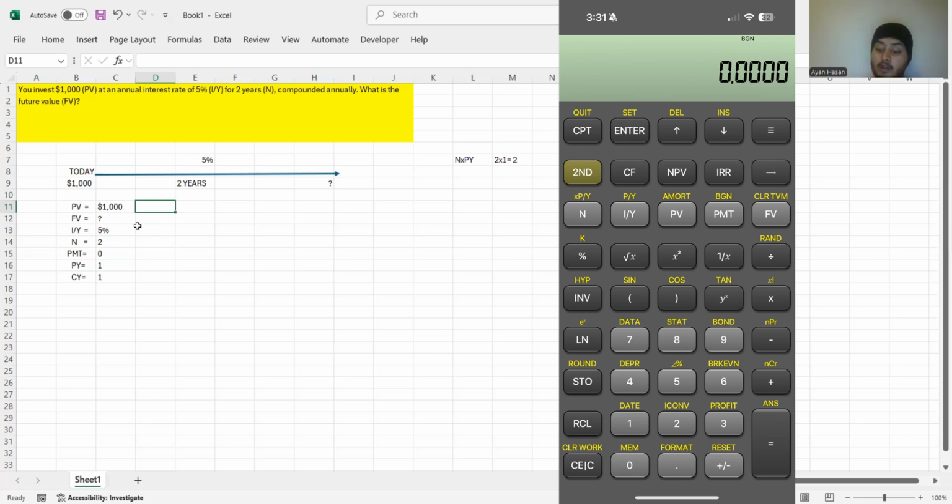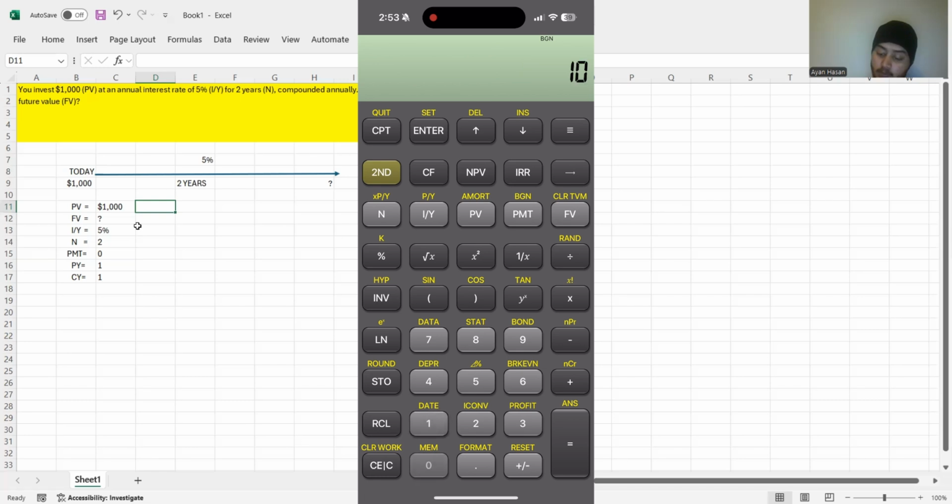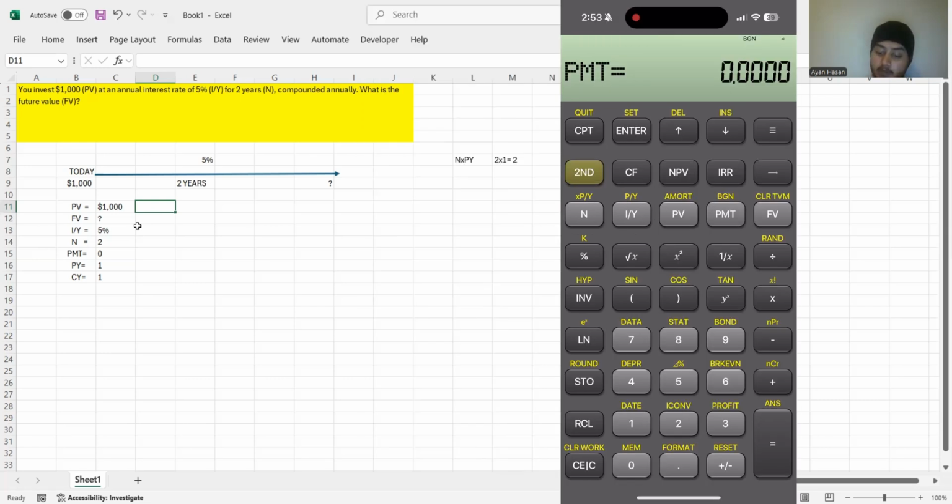First we put the value 1000, then click PV. After that we click 5, then IY, then 2, then N, then we click 0, which is PMT. For the P/Y, we click second, then IY, then P/Y is 1 and C/Y is also 1.